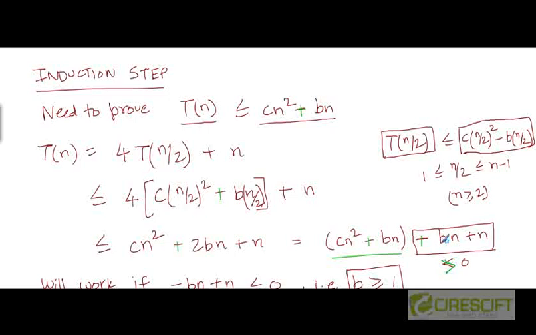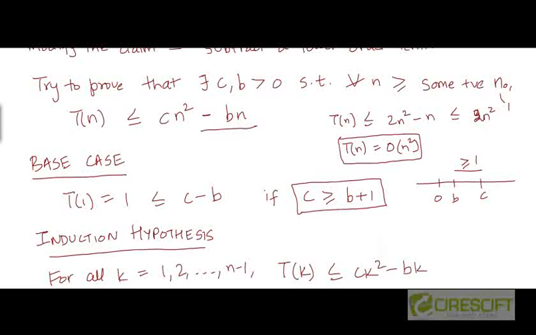This is positive because B is a positive constant and n is positive. So if T of n is less than or equal to Cn square plus Bn plus some positive number, is it necessarily less than or equal to Cn square plus Bn? Well, not necessarily. So again, the proof wouldn't have gone through if we had chosen to add a lower order term. It's only when we subtracted a lower order term that the proof went through.